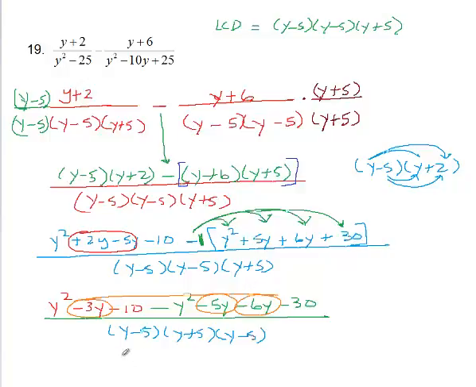Yep, minus 14y. Now the y squared cancels. Let's do those first, sorry about that. I'll cancel these y squareds. Add up the y terms. I get minus 14y minus 40 when I add minus 10. All over my common denominator, y minus 5, y plus 5.